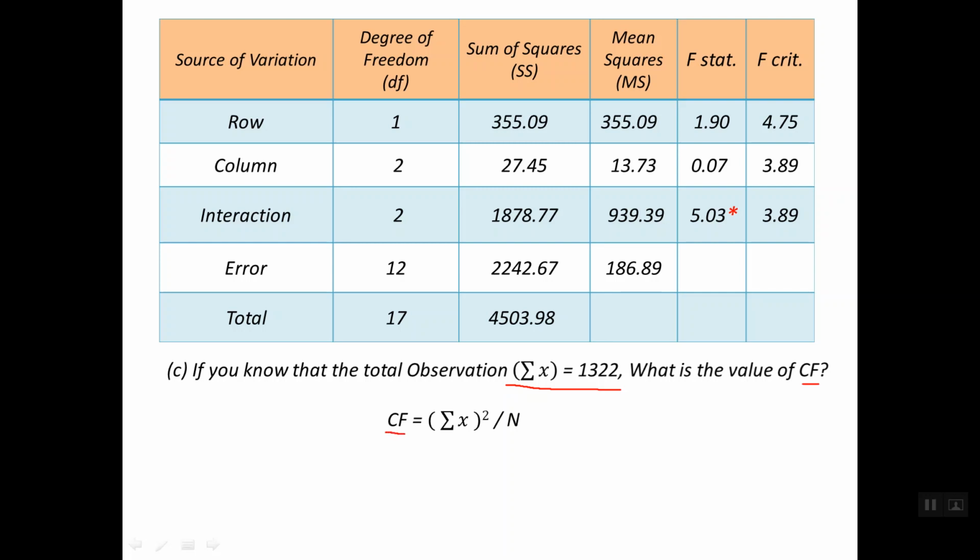So the correction factor is missing. The summation of X is known. We should square it. And the value of the capital N is already known in the previous slide.